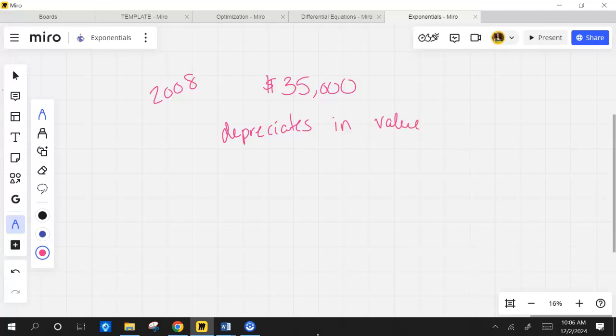I'm just saying. 8% per year. You know, depreciates in value. All right, listen, Grayson. As soon as you, that was only half of them.